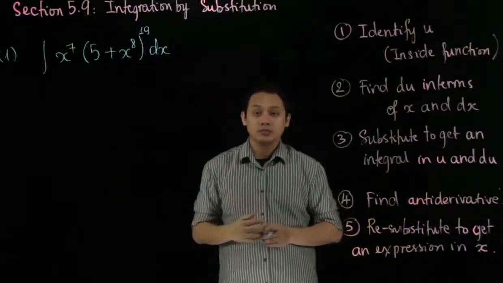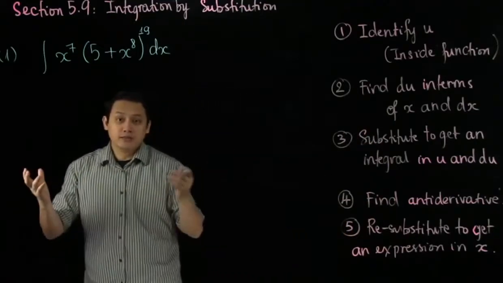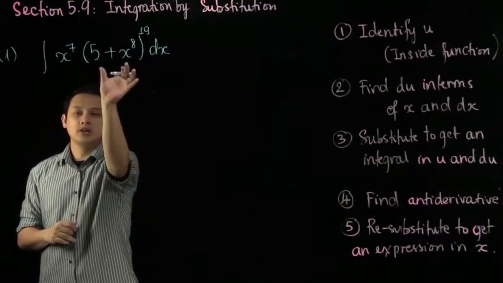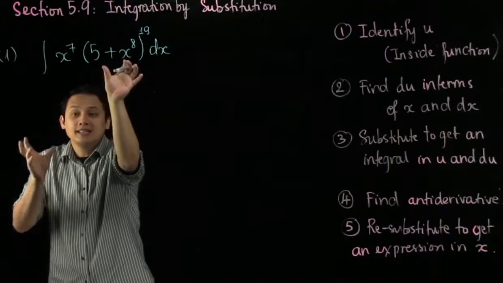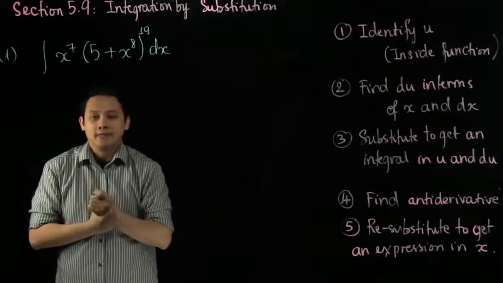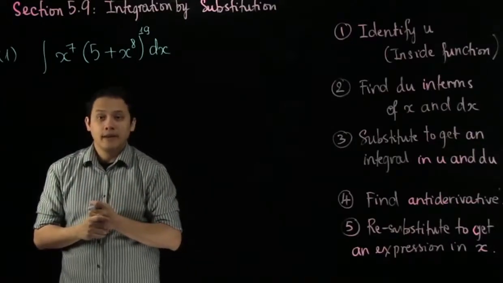So let's tackle this problem and try to follow these 5 steps. The first thing, step 1, is to try to identify u. Usually, not always, but usually, anything inside the parentheses is considered the inside function.